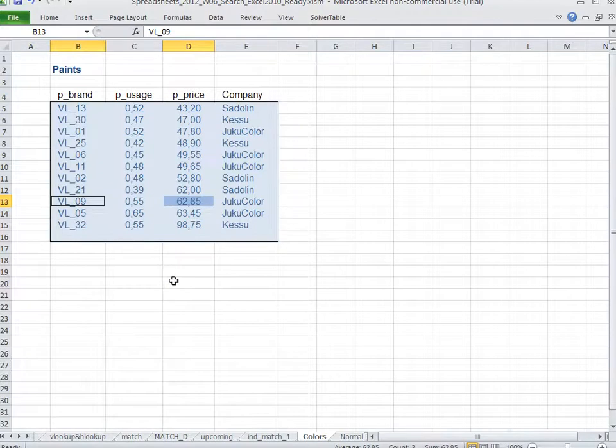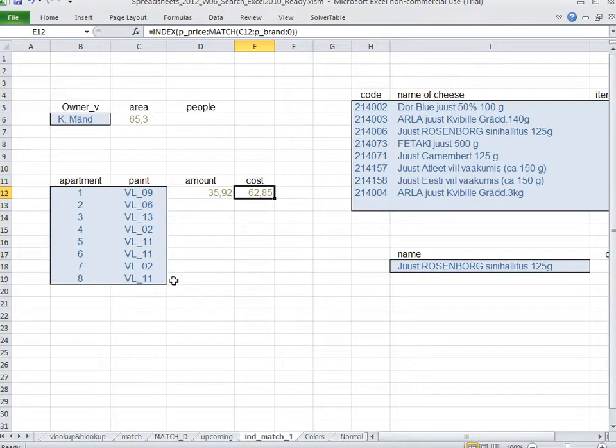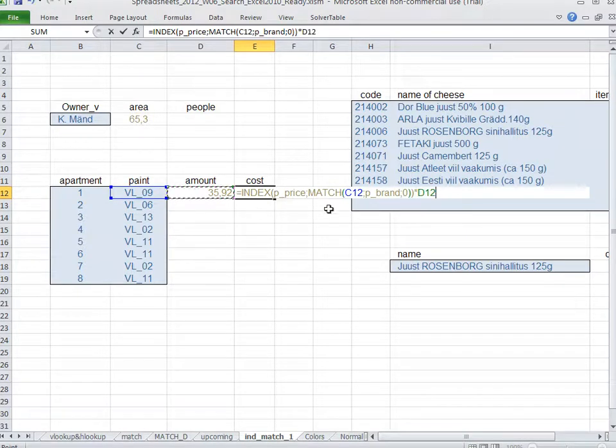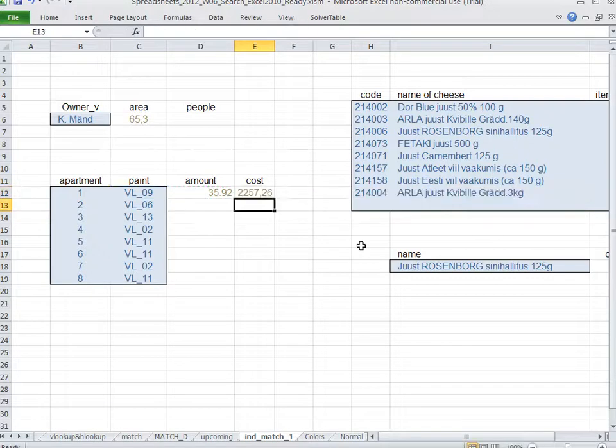Okay, but now actually in this table we don't want to end up with the cost for just 1 liter, but since we know that the amount of paint used is 35.92 liters, straight in this cell again we're multiplying the cost of 1 liter with the amount of liters, D12, and here it is, 2,257 is the cost for the entire apartment, and we have once again omitted the extra cells.